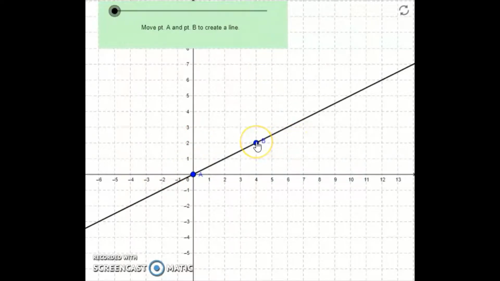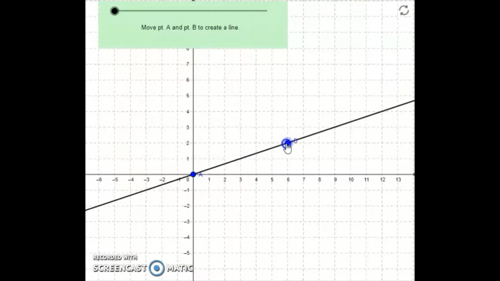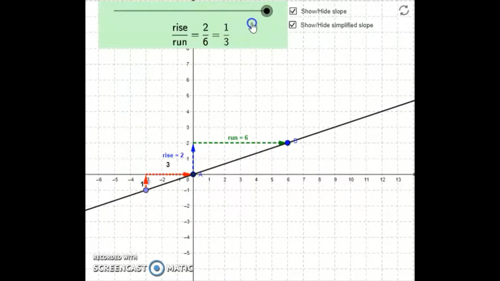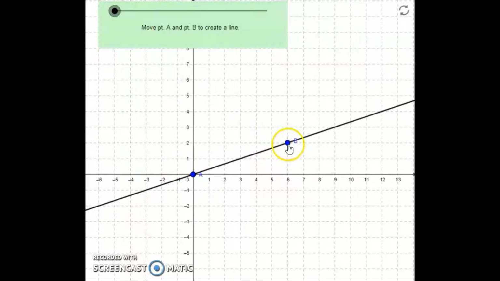How about this one? Pause the video. 3, 2, 1, and here we have a rise of 2 and a run of 6, giving us a slope of 1/3. Let's try another.